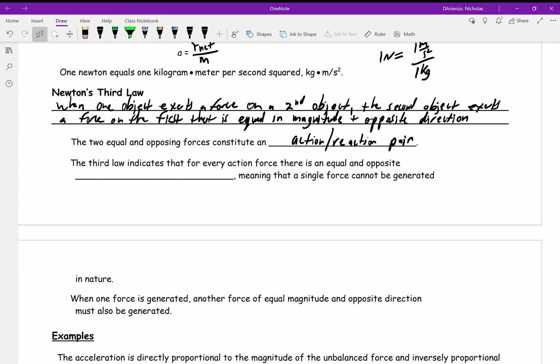Another way to word this is that for every action force, there's an equal and opposite reaction force. You might hear Newton's third law that way. It's kind of a shorthand notation: for every action, there's an equal and opposite reaction. Ultimately, this means that a single force is not actually generated in nature. We're always going to have some reaction or reciprocal force being produced every time we have an applied force.